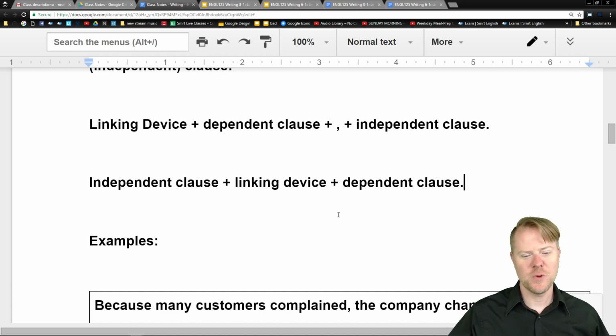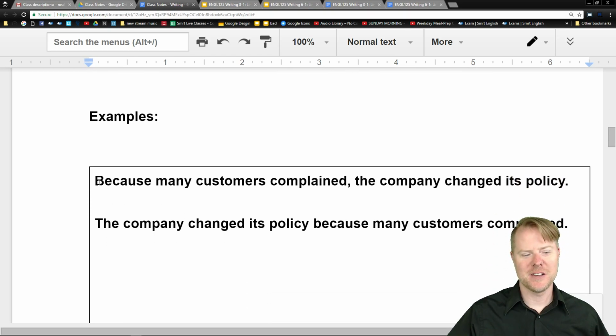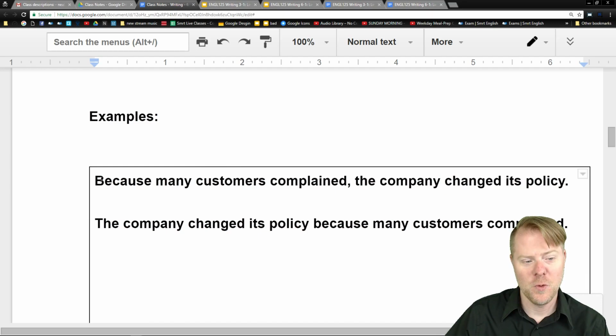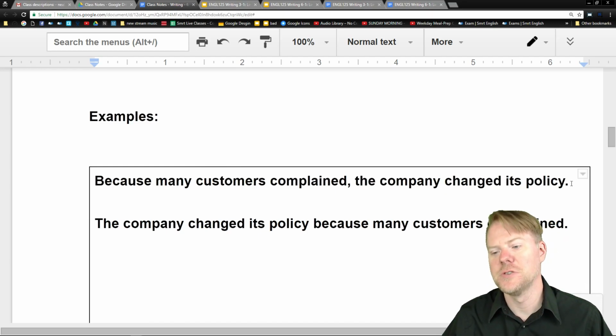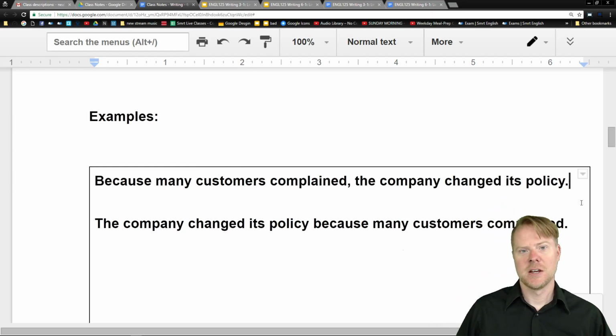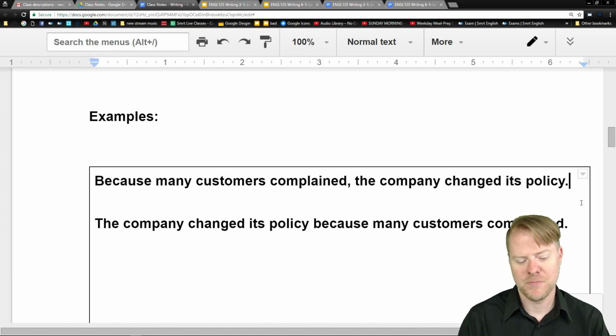Leo, that's a good question. What's a better way to write: starting with the dependent clause or ending with the dependent clause? I would say there's two ways to think about this. It's stylistic. You're going to have to find what style you prefer.